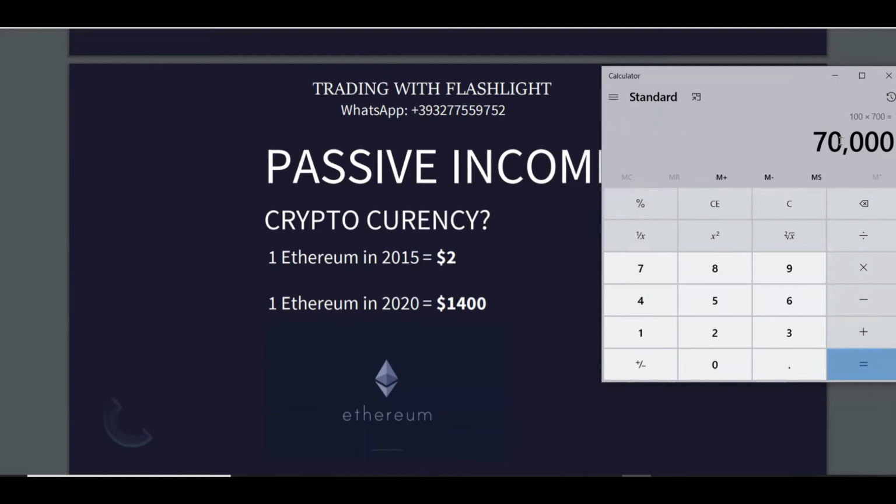I'm not sure there's a business out there where you can put $100 and in 5 years it's going to yield up to 70,000. It's very difficult. Same with Bitcoin. We saw the Bitcoin profit was up to 400,000. Here it's up to 70,000 in 5 years. And that's how it functions.